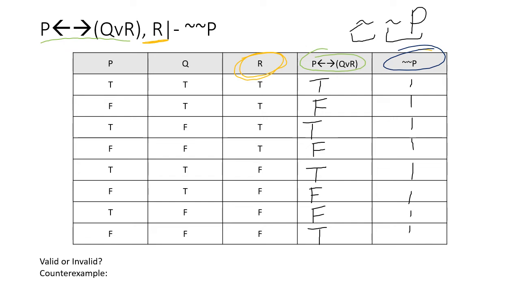So we'll just ignore this furthest left one for right now. If I can mark it out, there we go. So we're just going to focus on one tilde. And what we're going to do is just flip the values from the key for P. So any T will turn into F, and any F will turn into T.